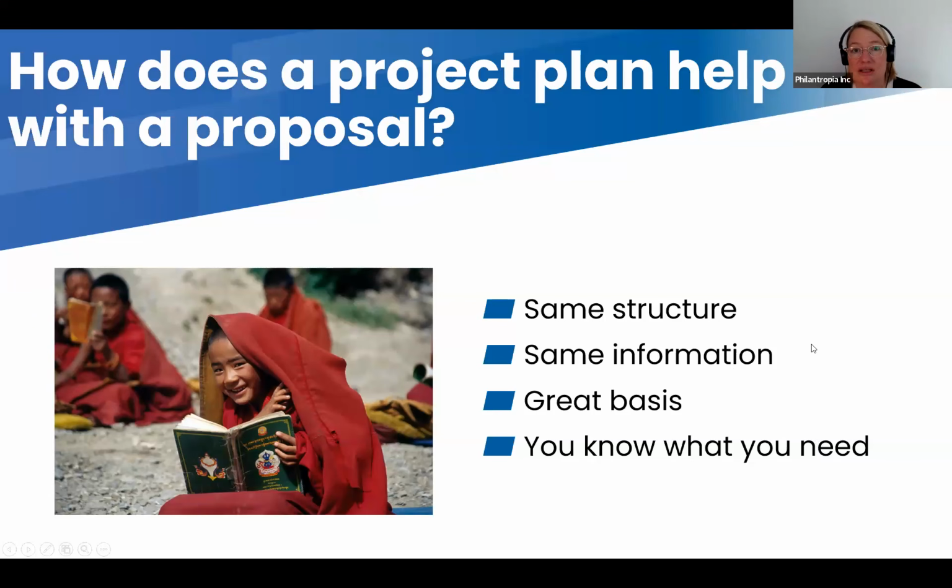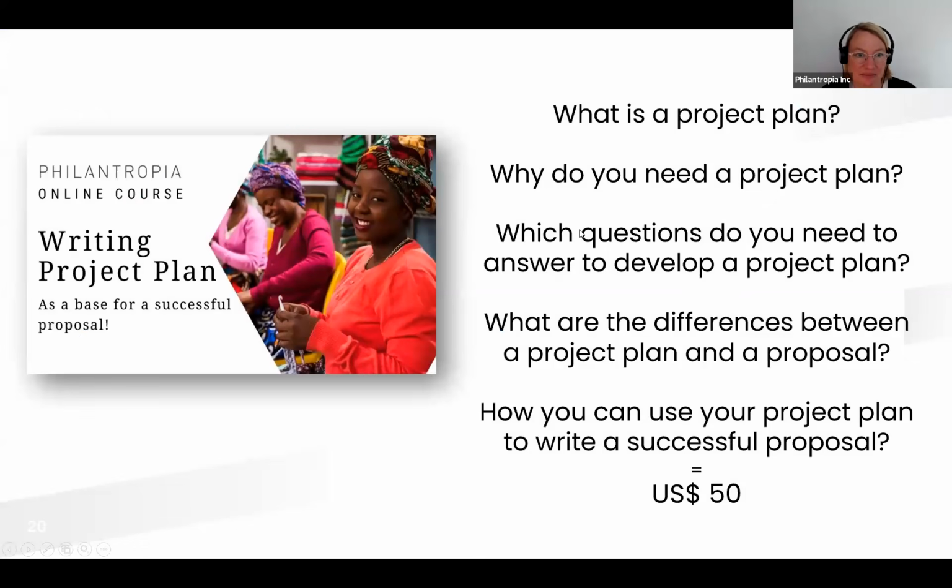You know what kind of cost you need funding for, because that's a big difference as well. Some donors will not fund construction projects. Some donors will not fund personnel cost, etc. So knowing what you're looking for will really help your donor research process and then your proposal writing. So all of that kind of feeds into the proposal and is super helpful for that.